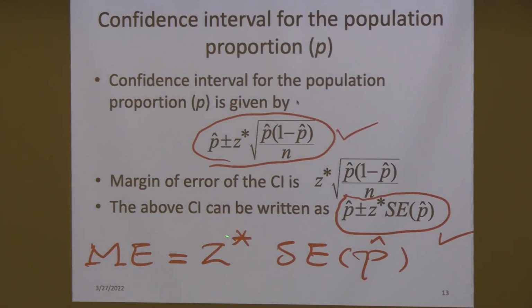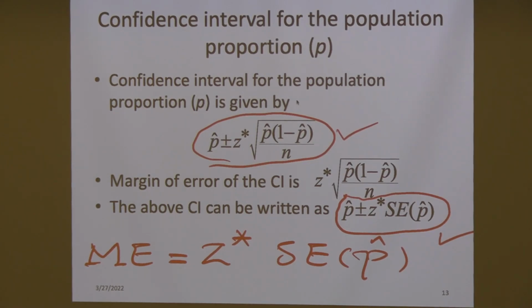Z star is a critical value that I will show you how to find. And the confidence interval, okay, is going to be this estimate that we have, plus minus the margin of error. So this Z star times this is the margin of error.